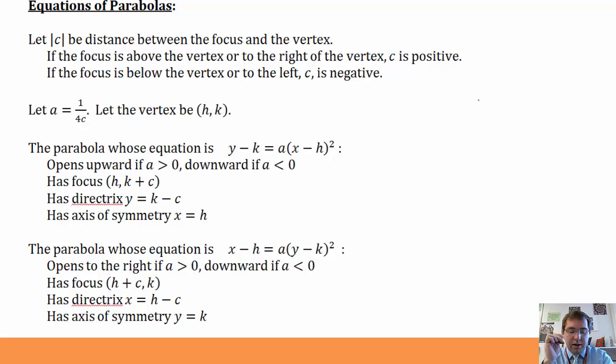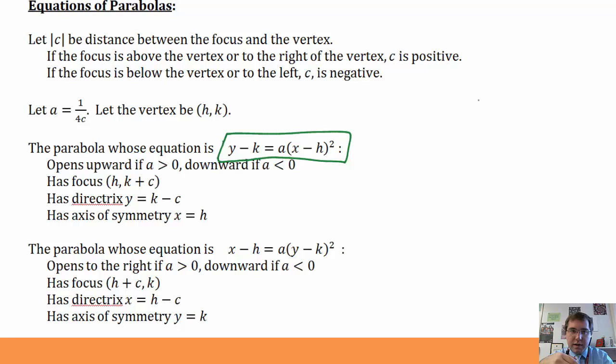Let a then be 1 over 4c, and let the vertex be h, k. Then the parabola whose equation is y minus k equals a times x minus h squared opens upward if a is positive, downward if a is negative.